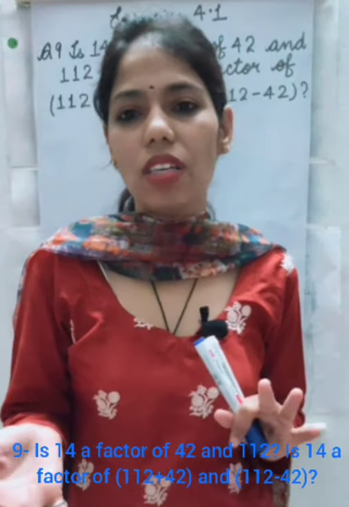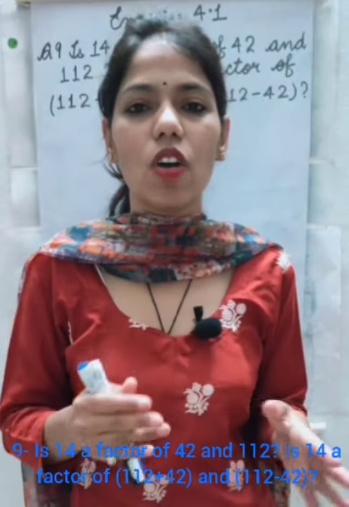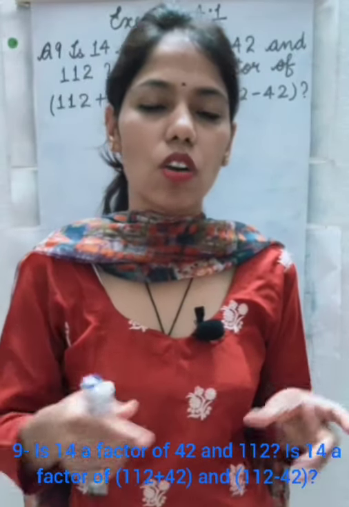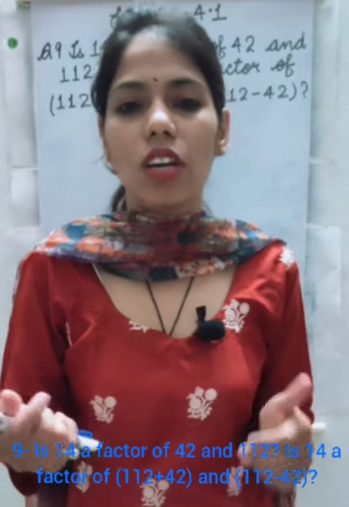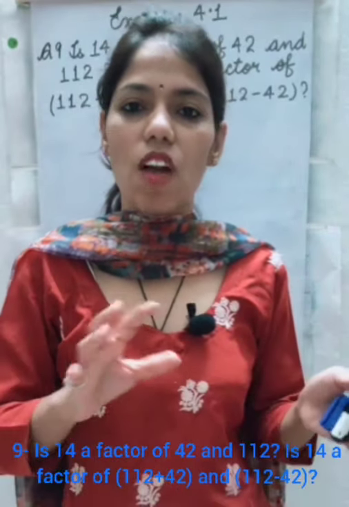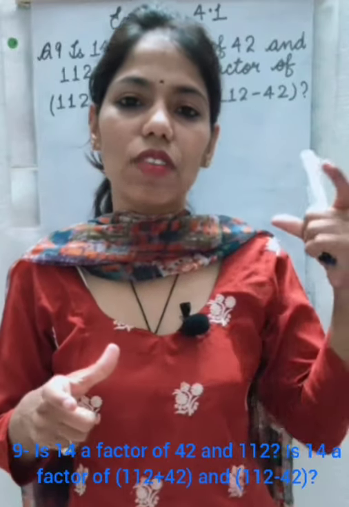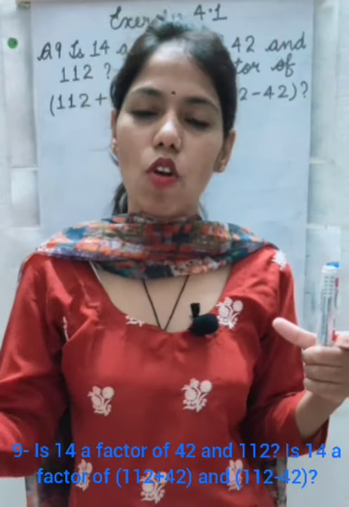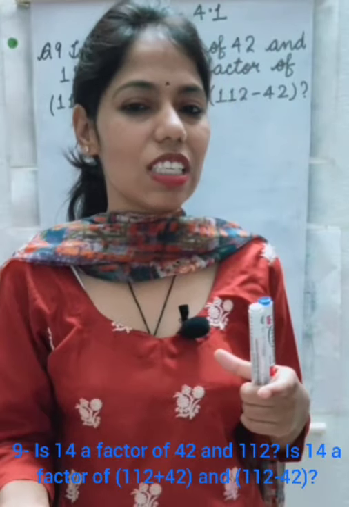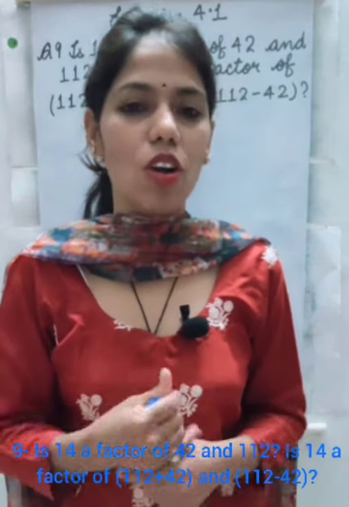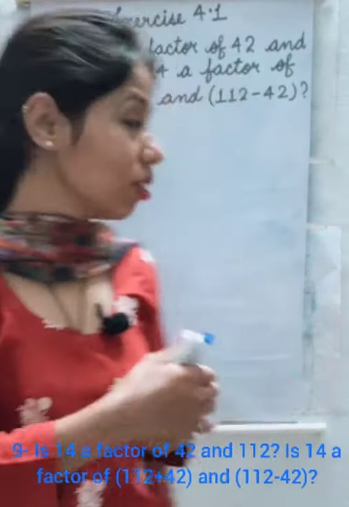And in the second part, we have to find out whether 14 is a factor of 112 plus 42 and 112 minus 42. After subtraction, we will get a number, and we will divide that number by 14 to check whether 14 is a factor of this number or not. So let's start the solution.